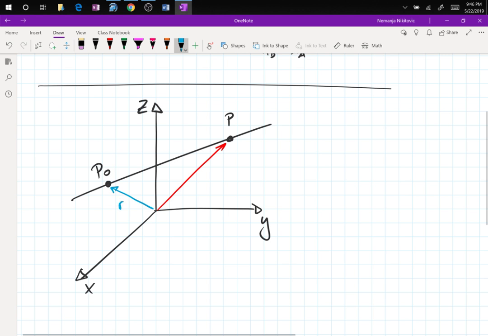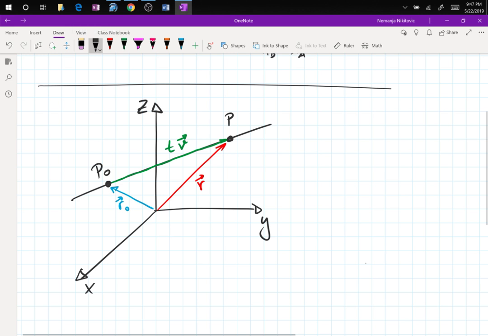So this vector will be called vector r0, and the red vector is the vector r. All right, so now I am going to have another vector here, and we'll talk about this vector eventually. This is vector t times v. I'll come back to that and explain.